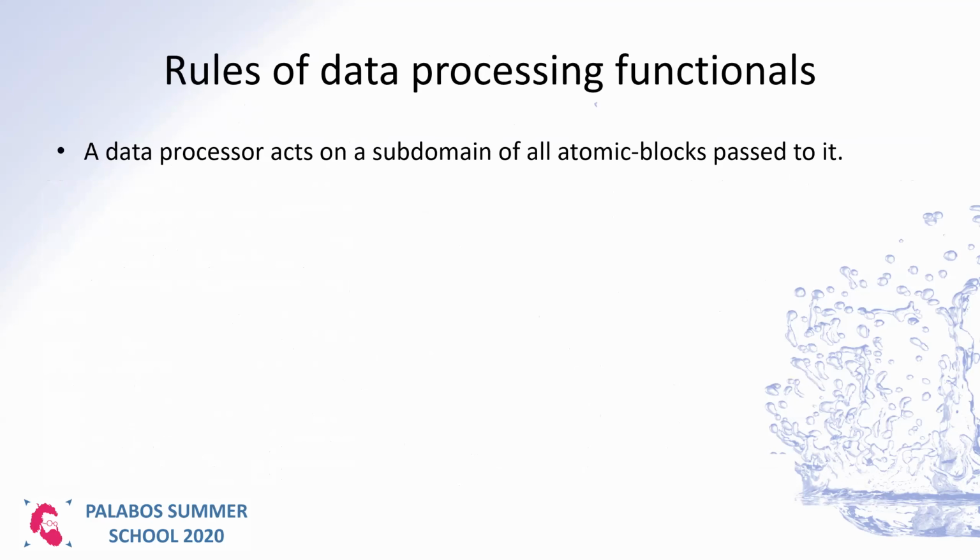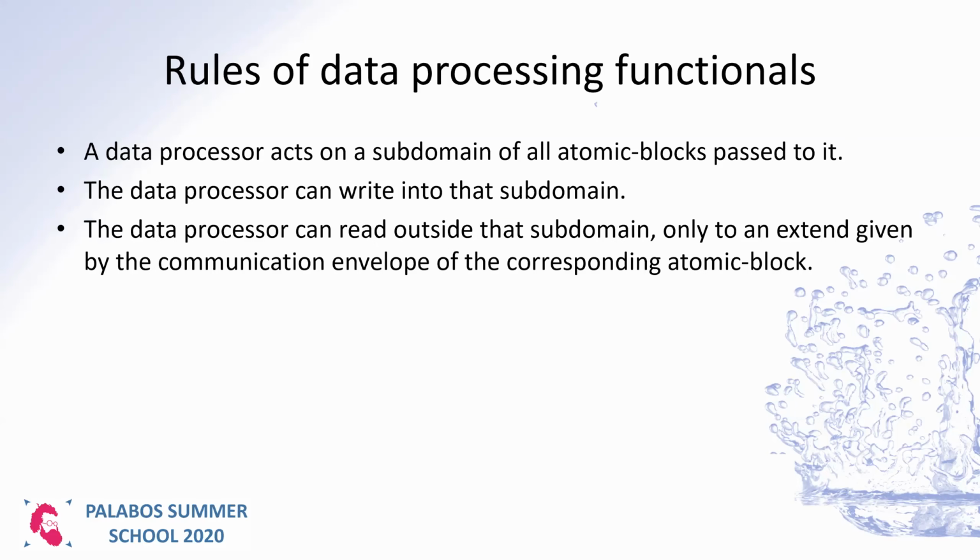So you are writing data processors which have to act on the full subdomain of all atomic blocks which Palabos has provided to it. The subdomain, that's the domain argument which Palabos gives you, defines the area in which you can write. You are allowed to write only into the area of the subdomain provided by Palabos. But you can reach outside this domain through read accesses.